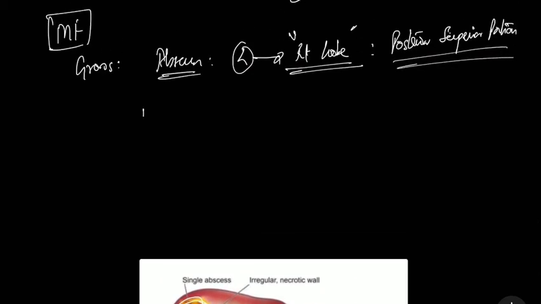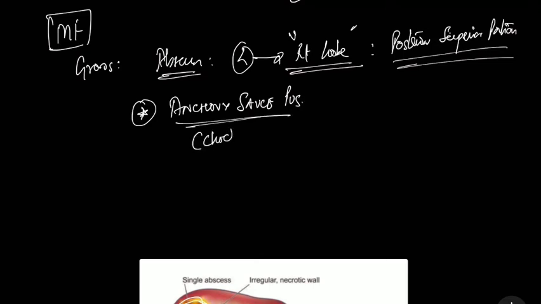One point we have to know, which is a very important point, that is anchovy sauce pus. Okay, now remember that this looks a bit chocolatey, reddish brown in color. So what is this anchovy sauce pus?